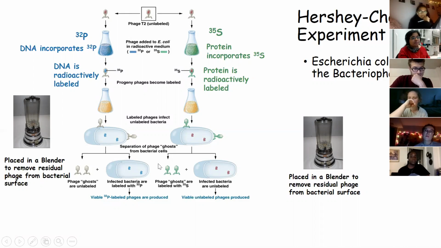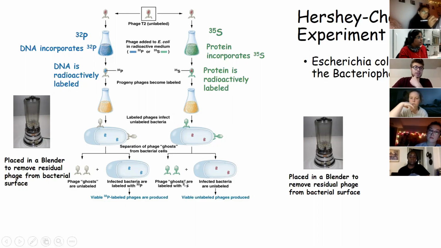So in this case, they saw that the P32 incorporated DNA was actually transferred into the bacteria. But here they saw that something was transferred, but the protein that was radioactively labeled stayed within the phage.